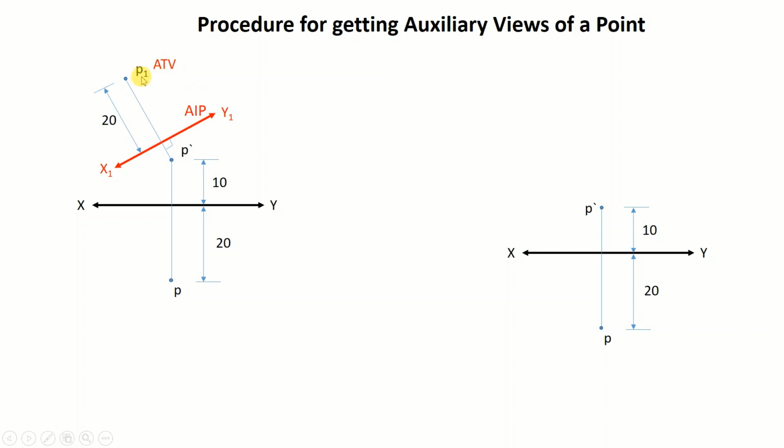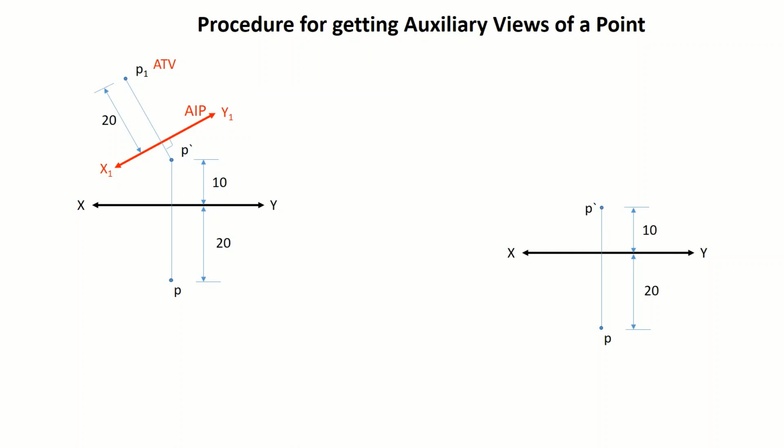The key thing to keep in mind is that the distance of the top view P from its reference line xy is the same as the distance of the auxiliary top view P1 from its own reference line x1 y1. So the distance of the top view from xy and the distance of the auxiliary top view from x1 y1 is the same.